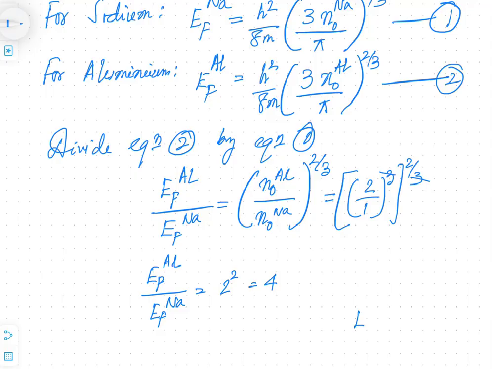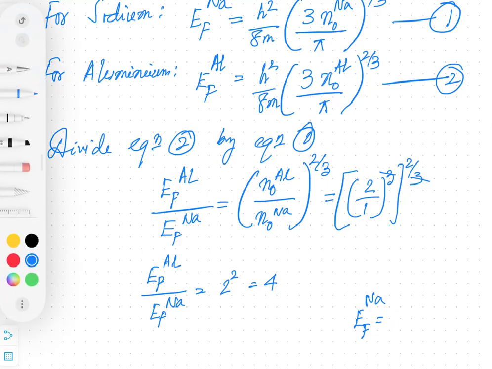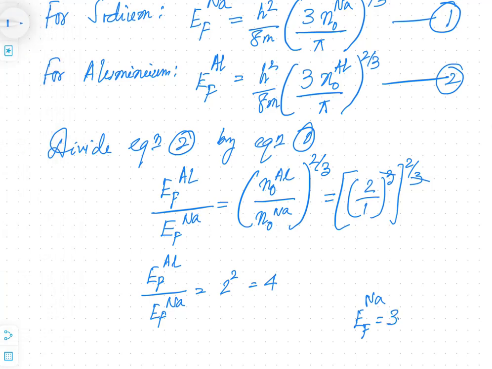As I have the Fermi energy of sodium value given as 3.1 electron volt, I substitute the value of this. So I have Fermi energy of aluminium is 4 into 3.1 electron volt, which is 12.4 electron volt. This is Fermi energy of aluminium. That's it.